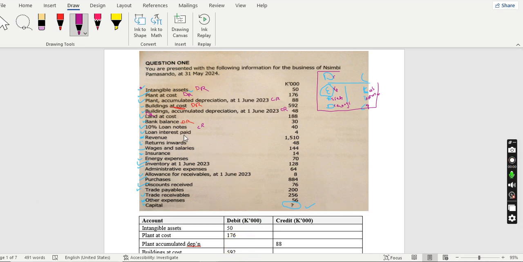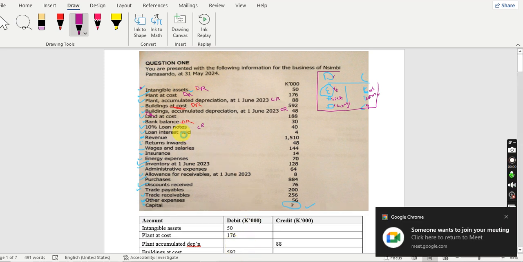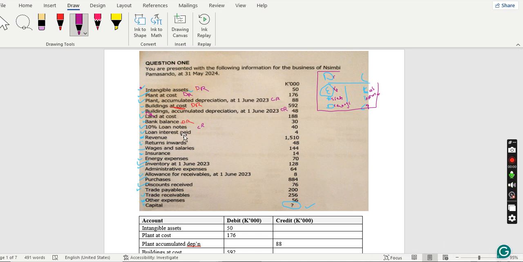Next one is loan interest paid. Yes, loan interest paid.